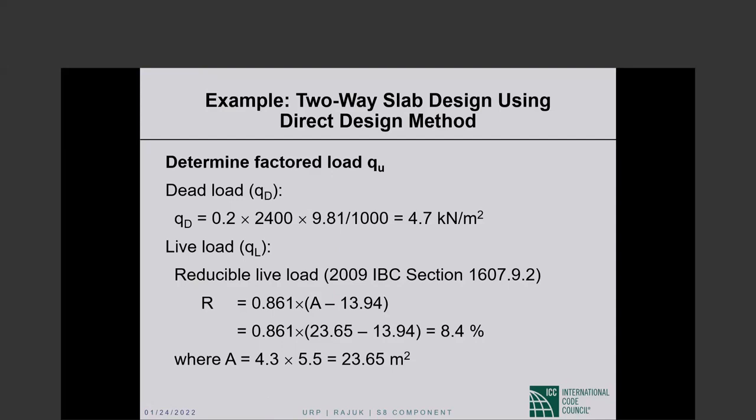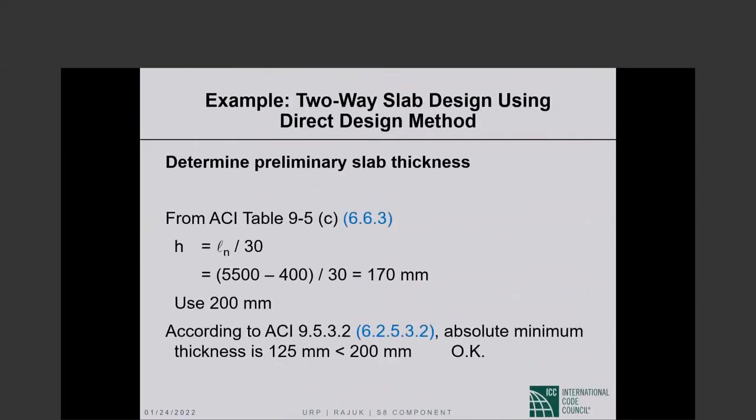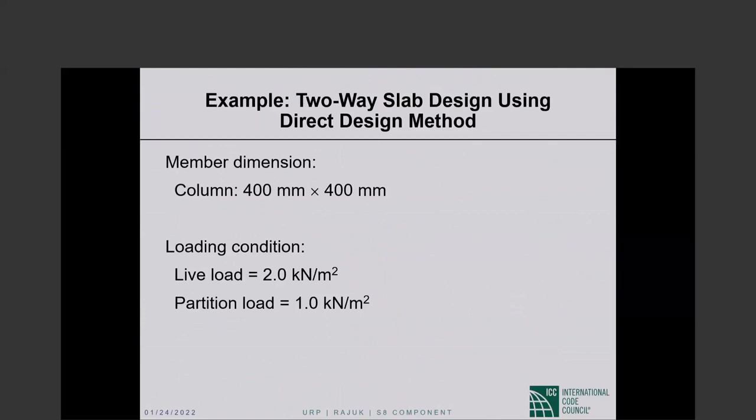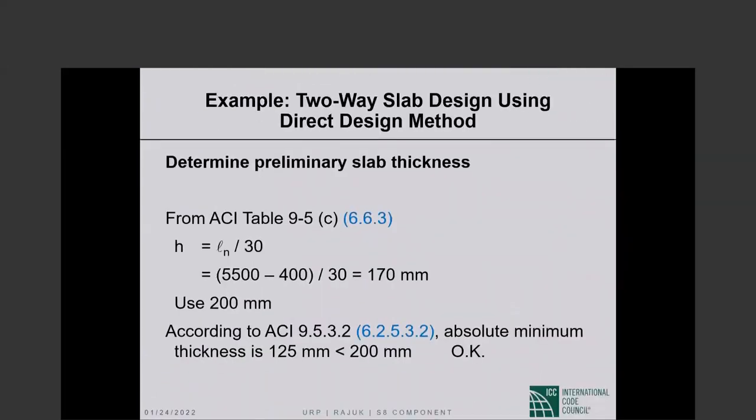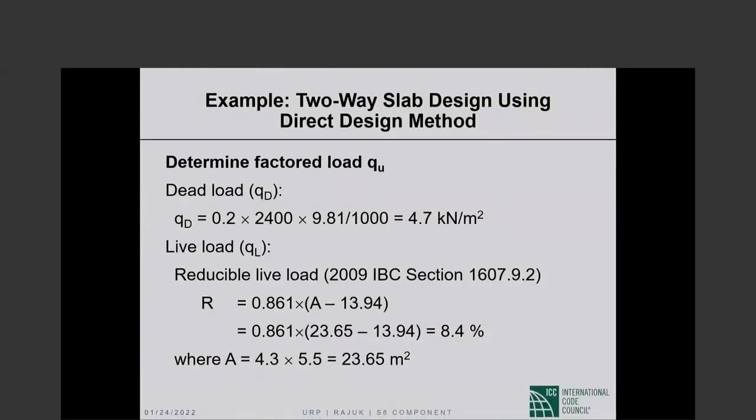Live load is given, I think it was 2 kilonewton per square meter. That 2 kilonewton per square meter is reducible. We can take live load reduction as given by this expression, and this is in the IBC.